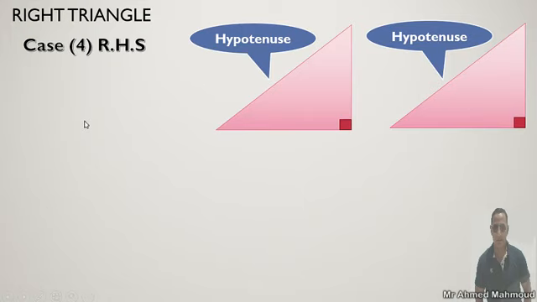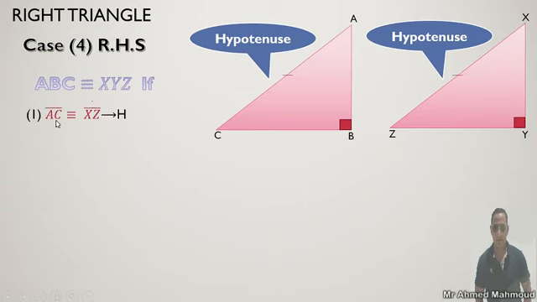Okay, let's study the case. Triangle ABC and triangle XYZ are congruent if, number one, AC equal or congruent to XZ, meaning the hypotenuses are congruent. Number two, BC congruent to YZ, that means side BC and side YZ are congruent.